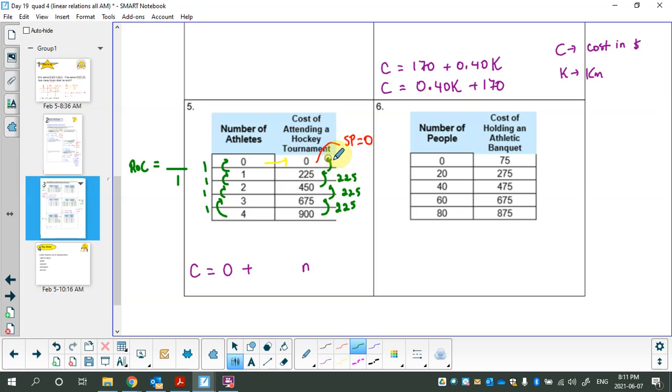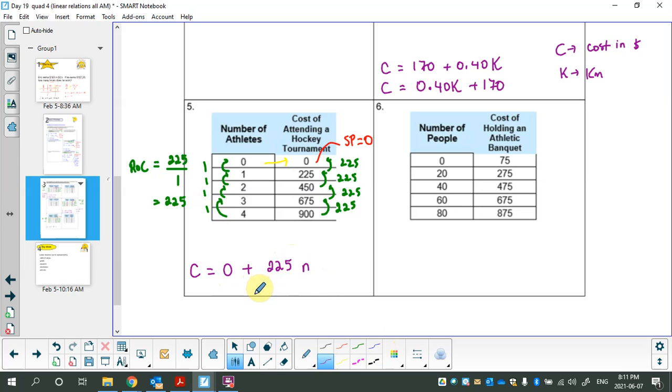And 225 minus 0, I can do that in my head. So we have 225 divided by 1, which is 225, and that sits beside the n, because the rate of change always gets the letter.